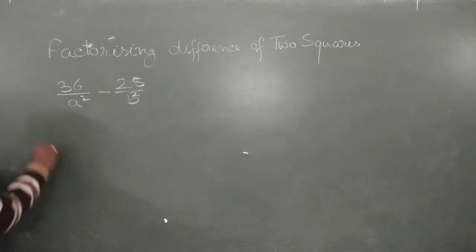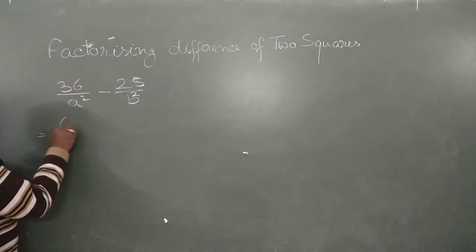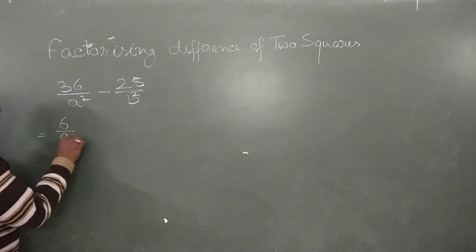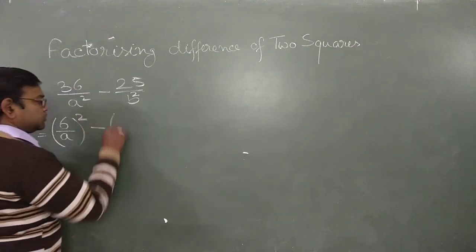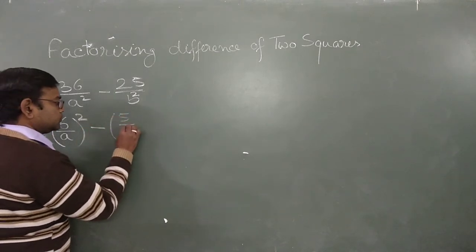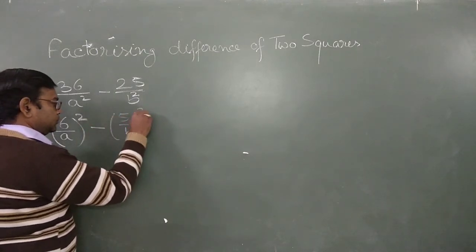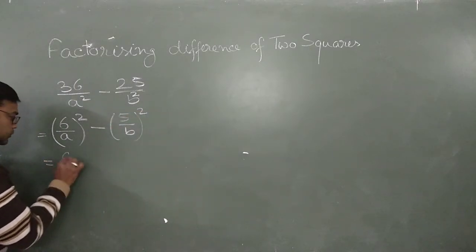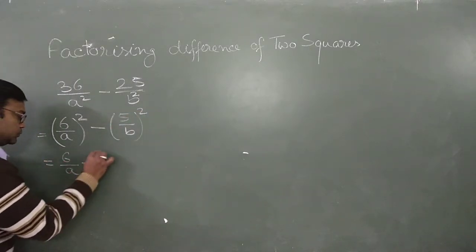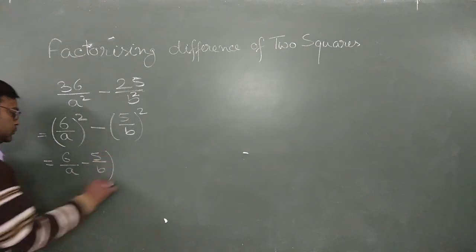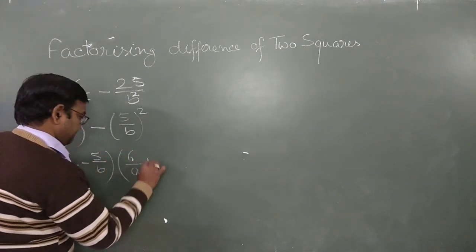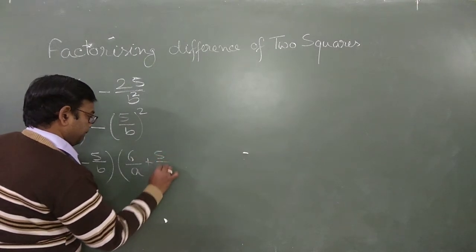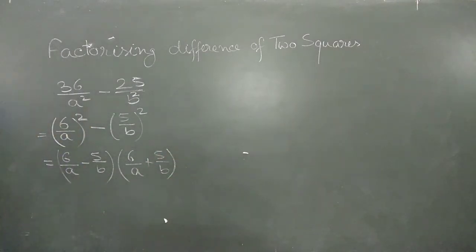Now, in such type of problem, as we follow all the things similarly, find the square root of the first term minus the square root of the second term. So we can easily write down, clear.